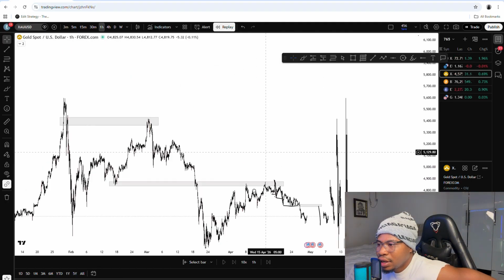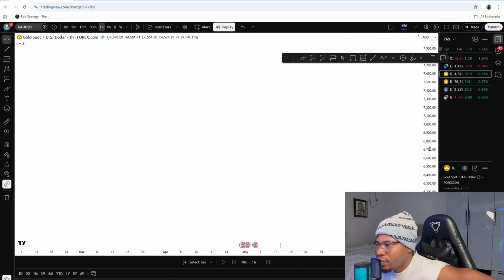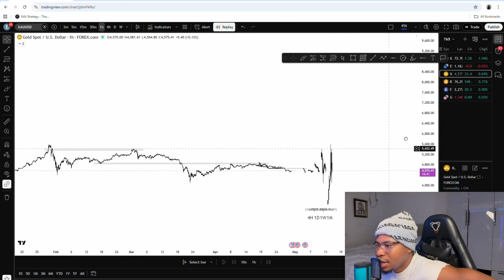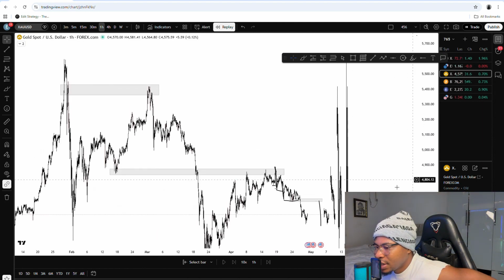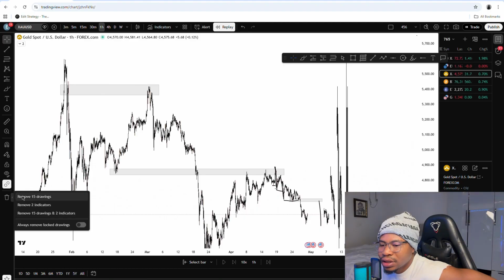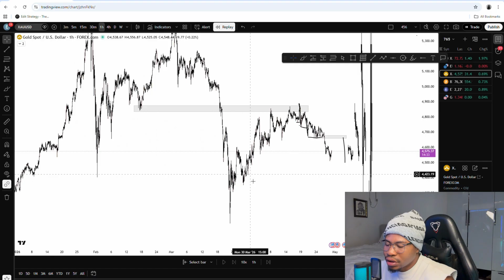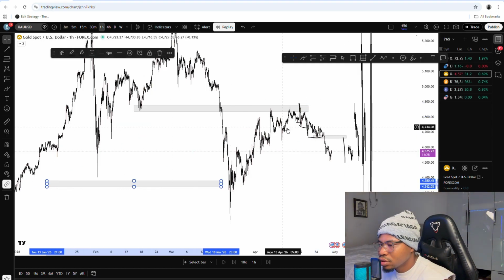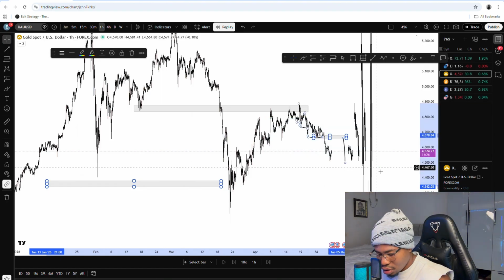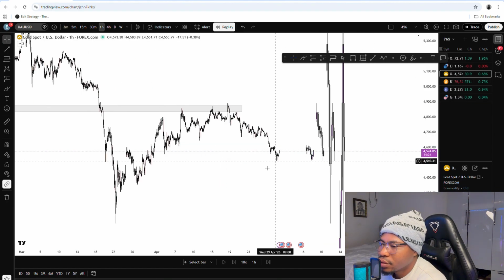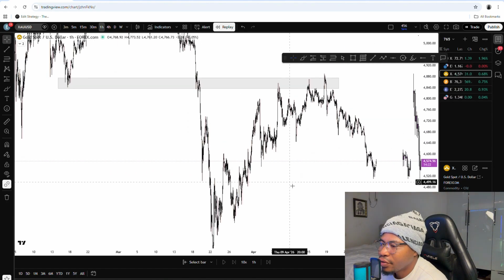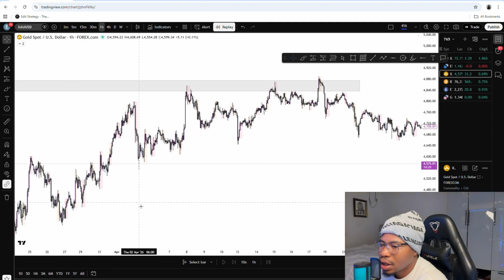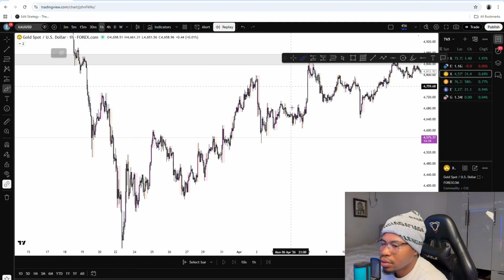Let's look at day trading. We have to start from the 1 hour time frame, and this is still very simple. Now for day trading on the 1 hour time frame, we're looking at structure.